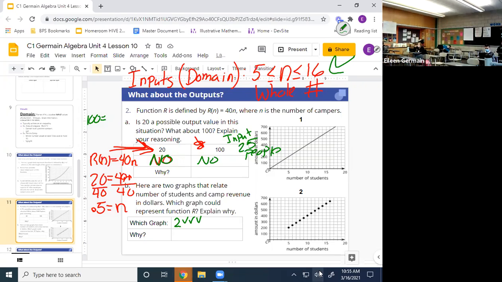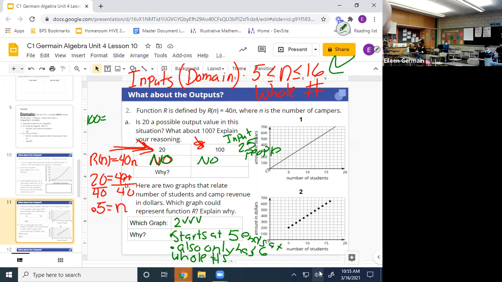It starts at 5, ends at 16. Why else does this one best fit? Kyle, Kelly. Only has whole numbers.